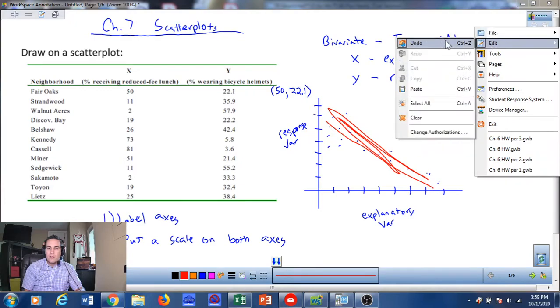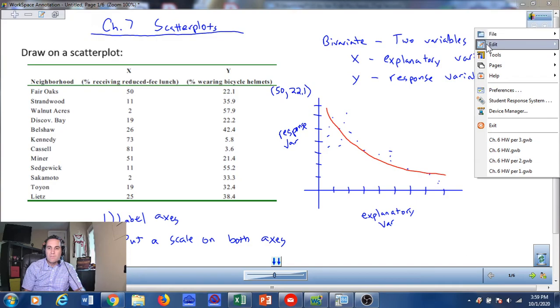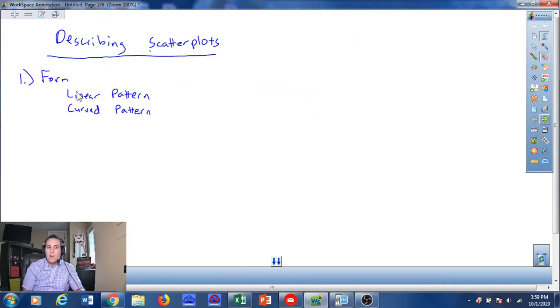Does it look like it goes in a straight line or does the data sort of curve like that? We're trying to find out if we have one of those two kinds. So that's the form. It always needs to be addressed. What form does your graph have when you look at the points?